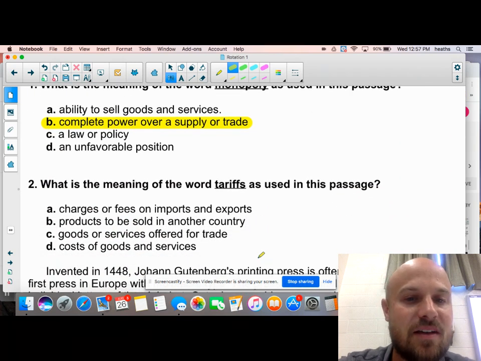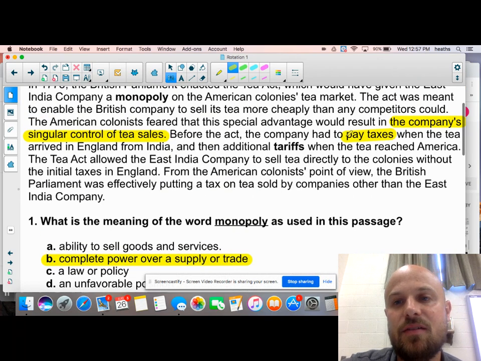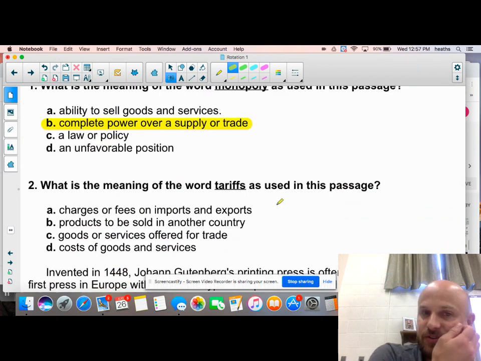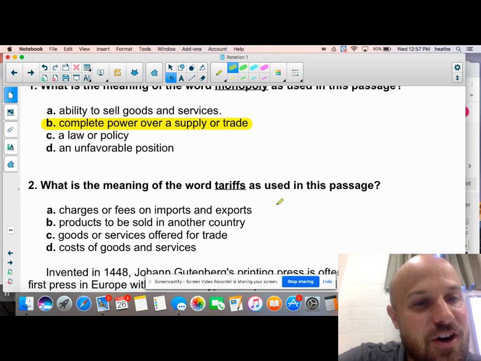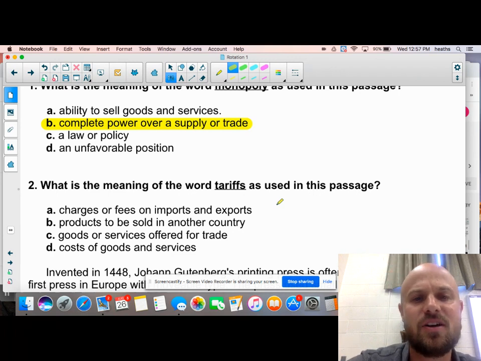Number 2, what's the meaning of the word tariffs as used in this passage? Remember, we figured that tariffs is just another word for taxes. So let's see which one is closest to that. A, charges or fees on imports and exports. Imports means bringing something into a country, and exports means shipping it out of a country.